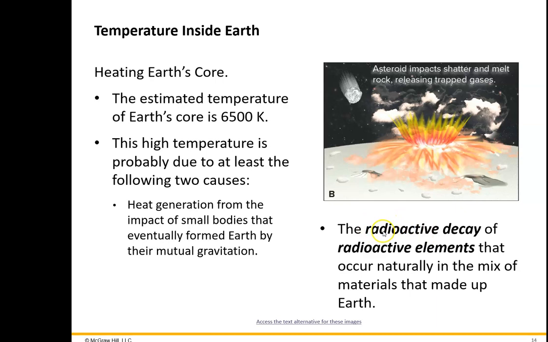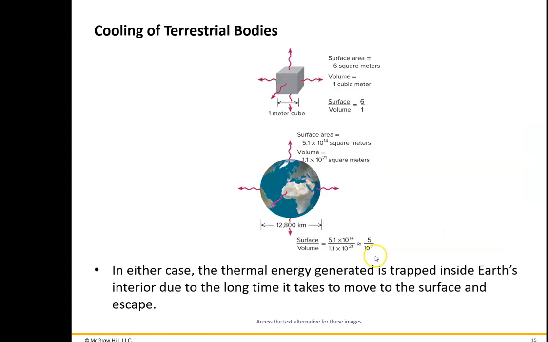Not any one of them can do it, but they will decay into less massive things. But in the meantime, they release heat, and that's happening all the time inside of the Earth.